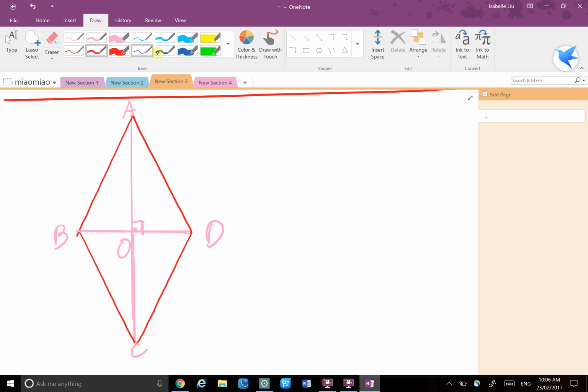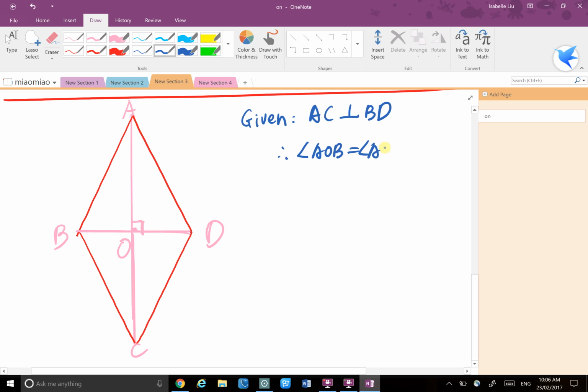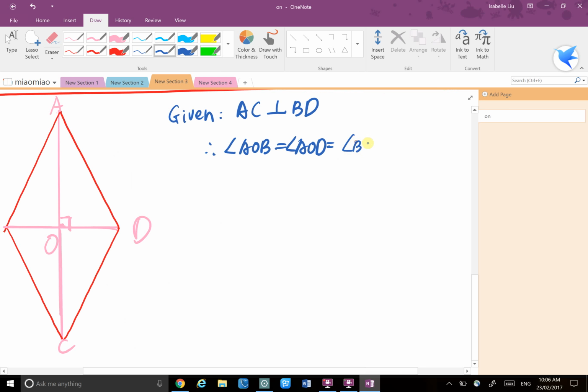So what I still need to know is what is given. Given is AC perpendicular to BD. So what you know is angle AOB equals angle AOD equals angle BOC equals angle DOC equals 90 degrees.